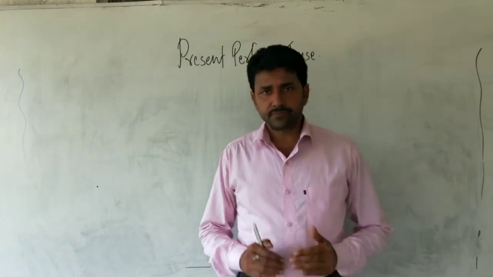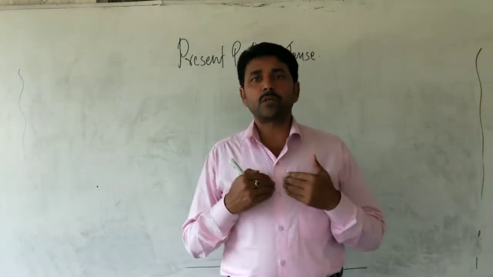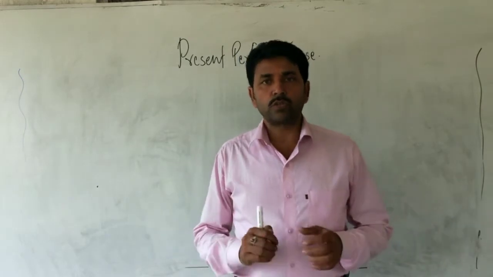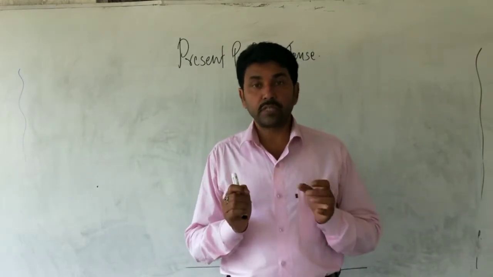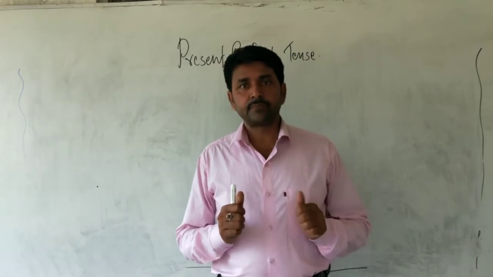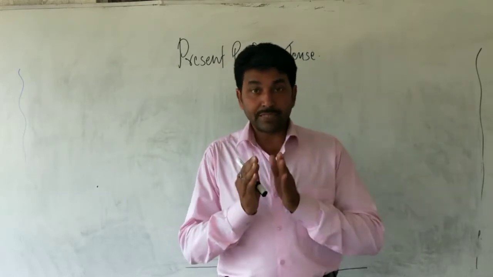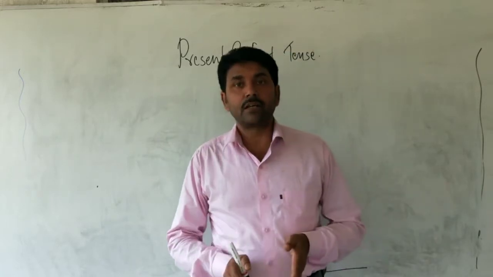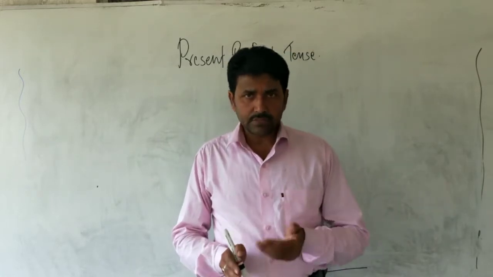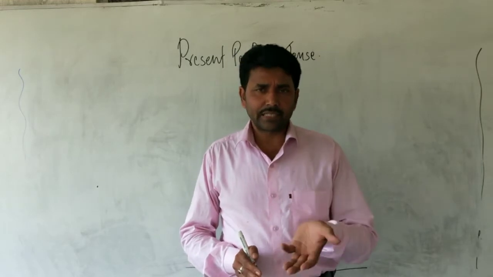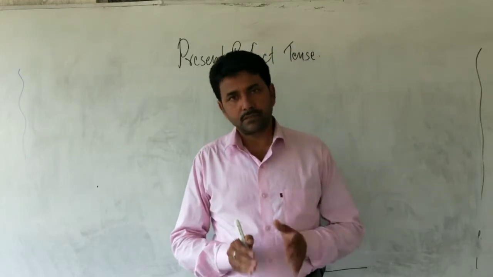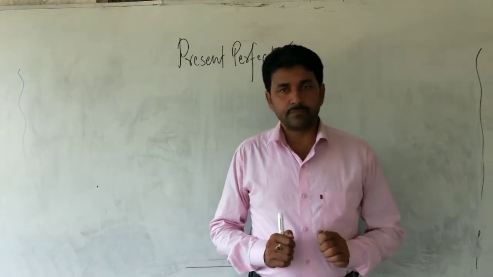That means I have completed my homework or I have done my homework. That says the action is completed, but recently, until now, just a few minutes, seconds in the recent time.